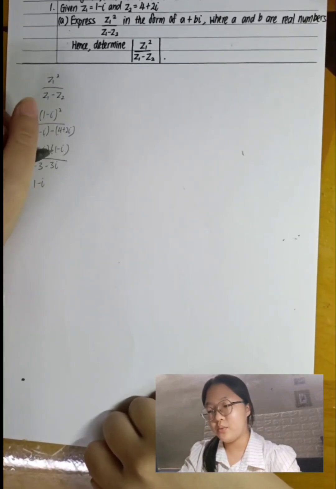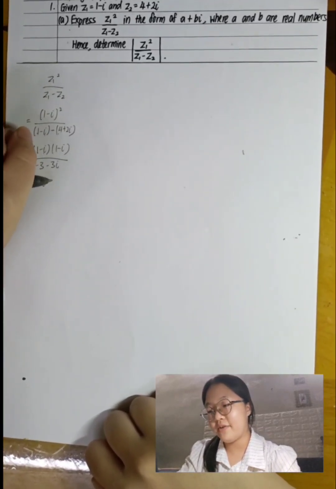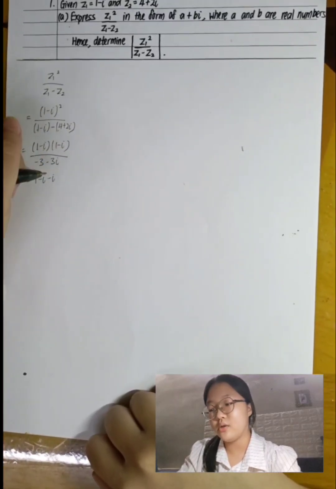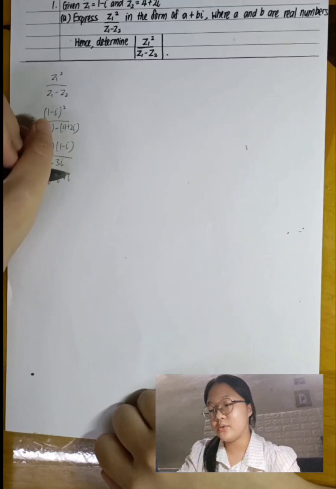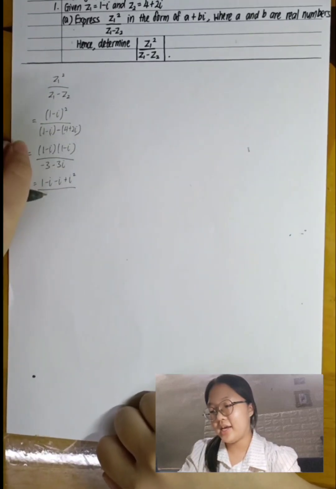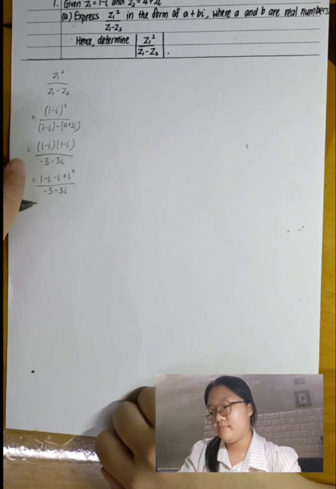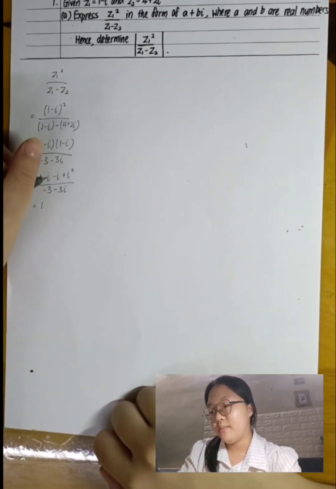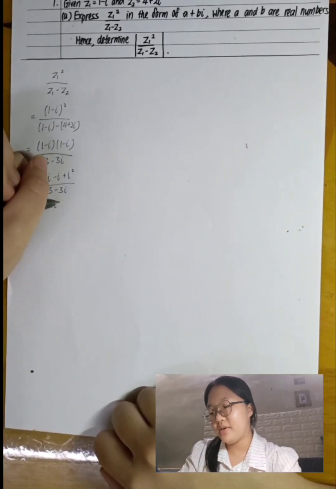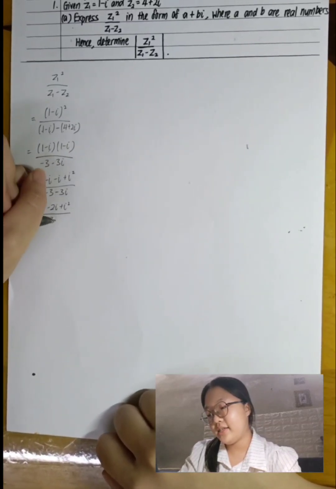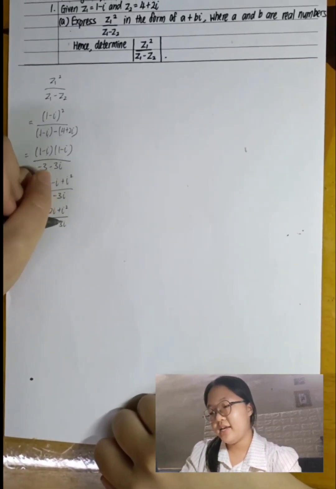Negative i times 1 is equals to negative i. Negative i times negative i is equals to positive i squared. Divided by negative 3 minus 3i. So 1 minus 2i plus i squared divided by negative 3 minus 3i.